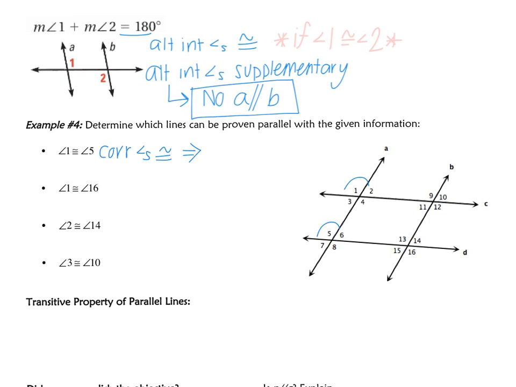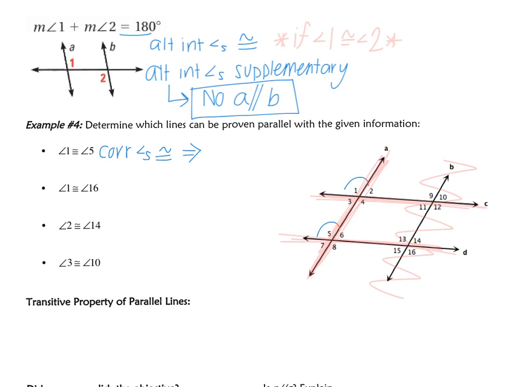When we look at this, I want to point out to you, these angles are formed by lines C, D, and A. That's where angle 1 and angle 5 are created. You can ignore line B for right now. Only look at the lines that create the angle.